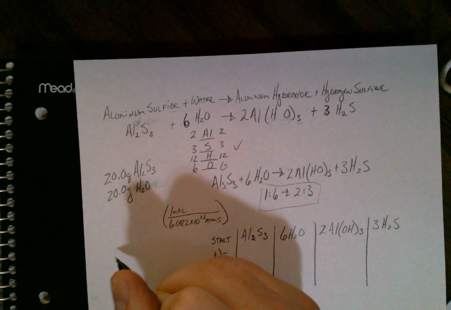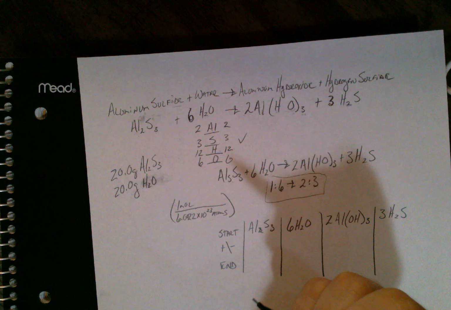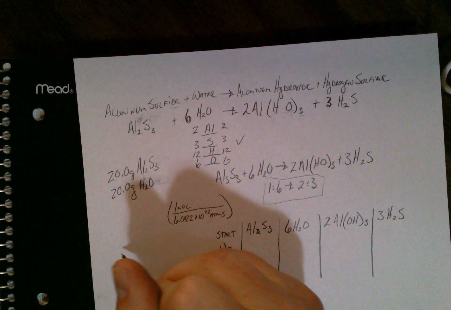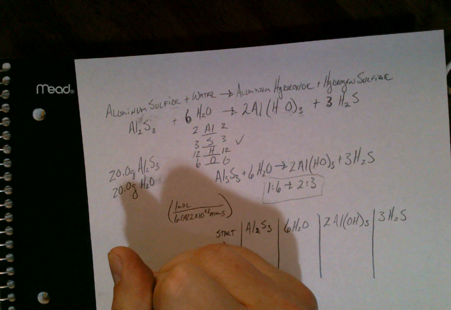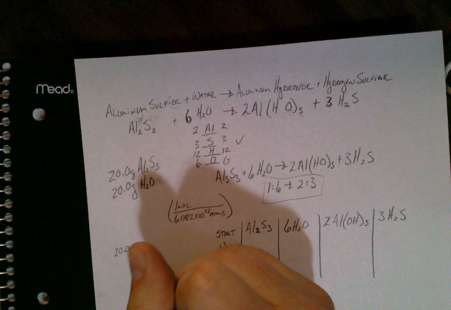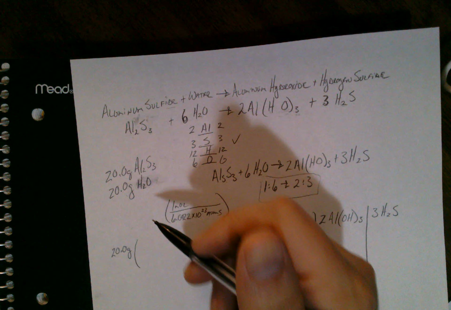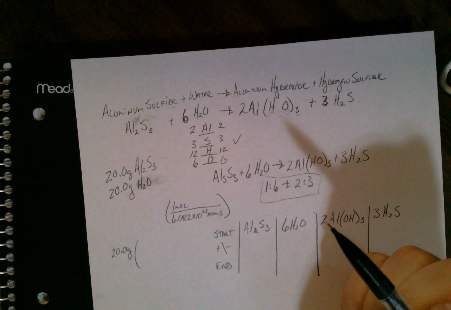So this is seriously the most basic unit conversions that you can do. 20.0 grams times, and we're working with our aluminum sulfide first.